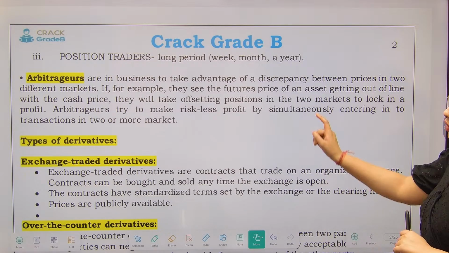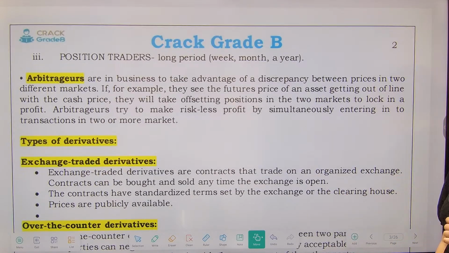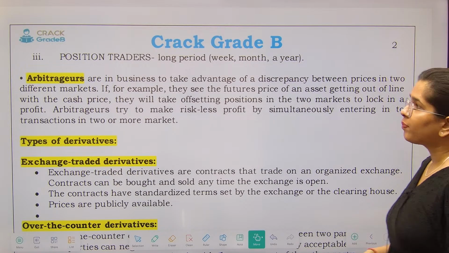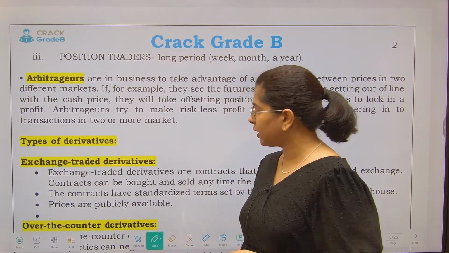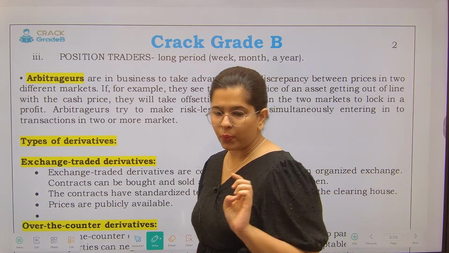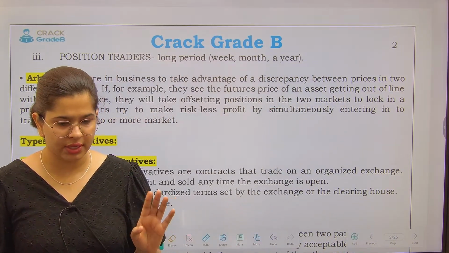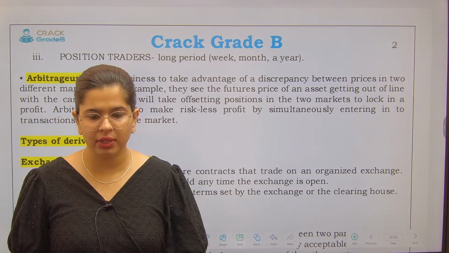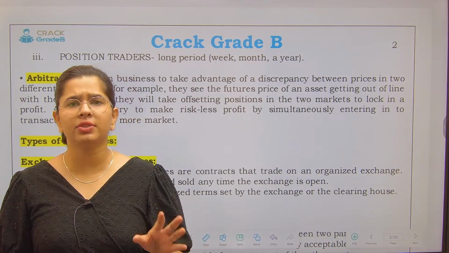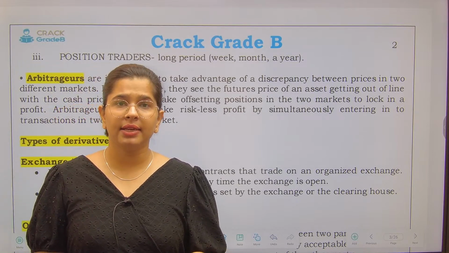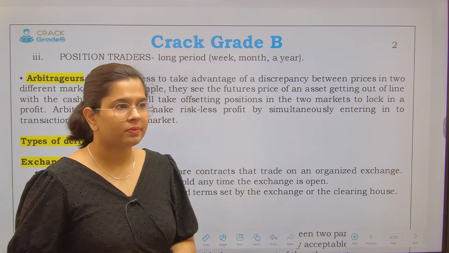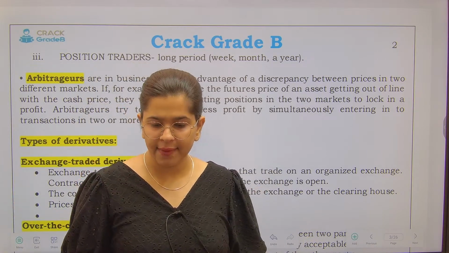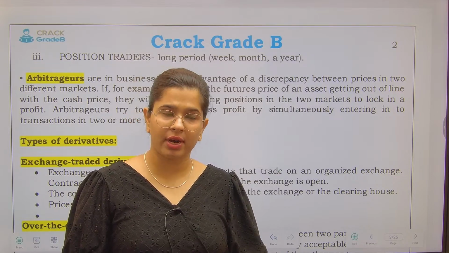Just look at it. Now read this particular definition just once. See, this particular definition is really very important. We talked about speculators, we also talked about the hedgers, right? But now we need to talk about the arbitrageurs. Arbitrageurs take different positions in different markets. So for example, let's take crude oil. ठीक है, crude oil is a crucial commodity for us, right?